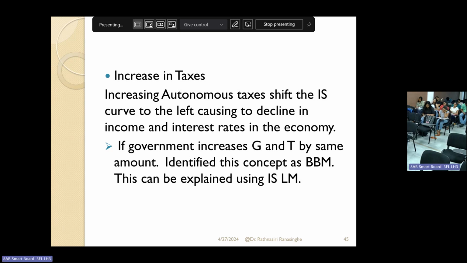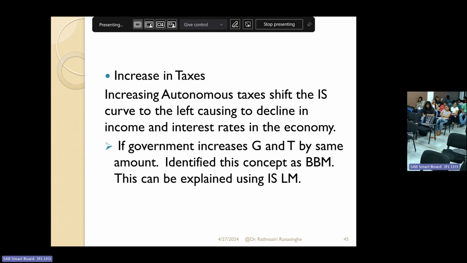Look at the expenditure multiplier: if the government raises expenditure, that increases the aggregate demand, increases the income, increases the money demand.